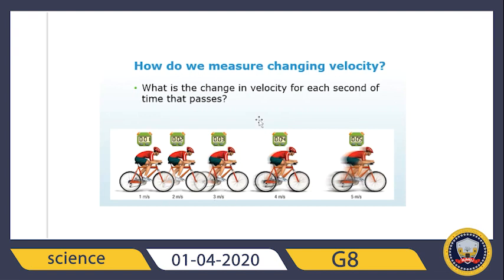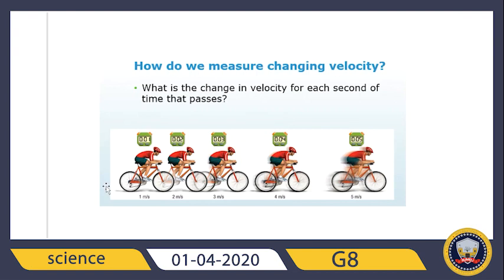Then at second 4, the speed of this object increased to 4 meters per second, and then at second 5, the speed increased to 5 meters per second. So you can see as the time passed, the speed is increasing, from 1 meter per second to 5 meters per second.